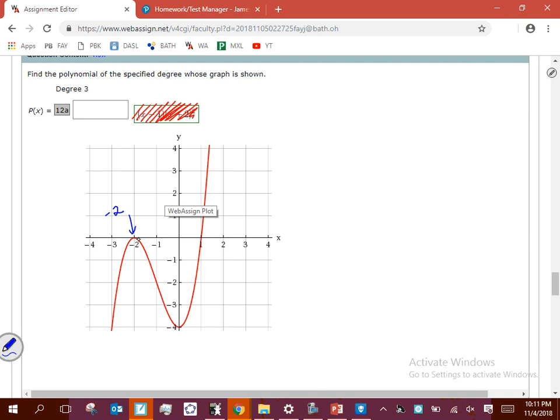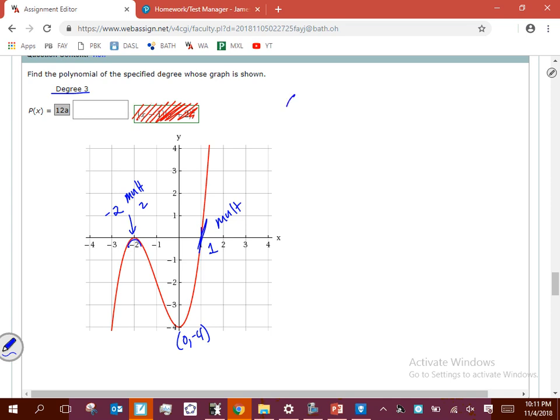We have a 0 at positive 1. We have a y-intercept at negative 4. So 0, negative 4. Now this 0 of negative 2, because we're tangent there, has a multiplicity of 2. Because we're going through this one here, it's a multiplicity of 1. They want degree 3.